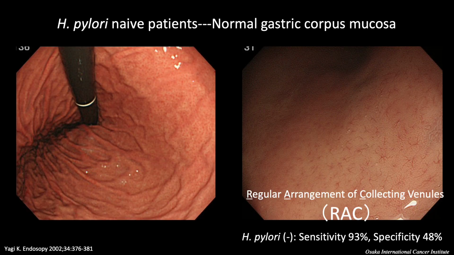These are H. pylori naive gastric body mucosa. If you get a little closer with an endoscope, you can observe a finding of regular arrangement of the collecting venules.